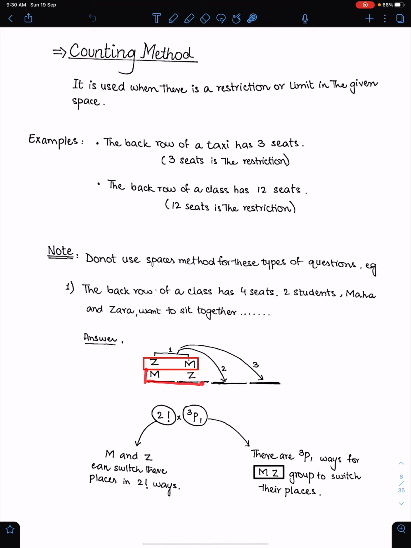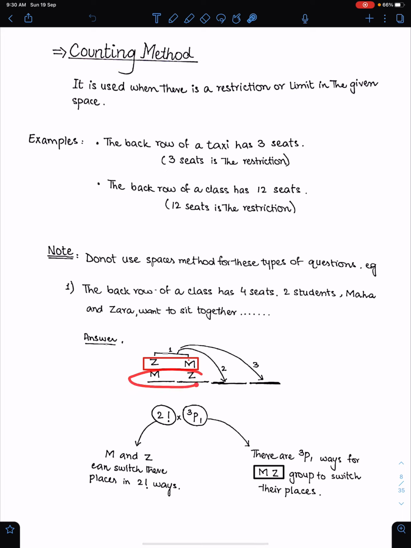So if you are using MZ, then you need to write 2 factorial here because they both can switch their places in these two ways, MZ or ZM. Now, this group has 3 possible choices to sit together. This is the first choice, this is the second way, and this is the third way. So there are 3P1 ways for this group to switch their places.